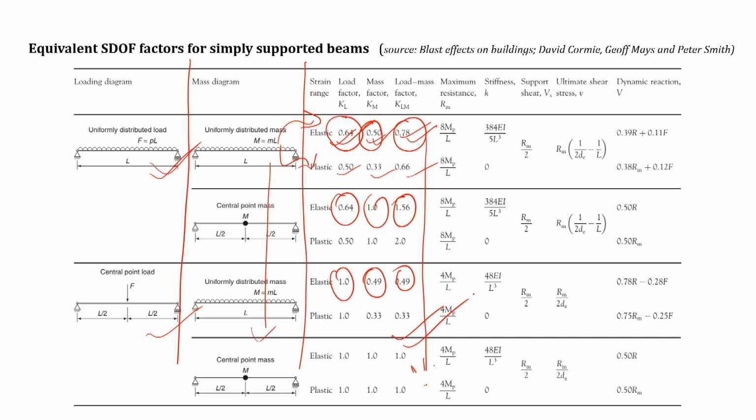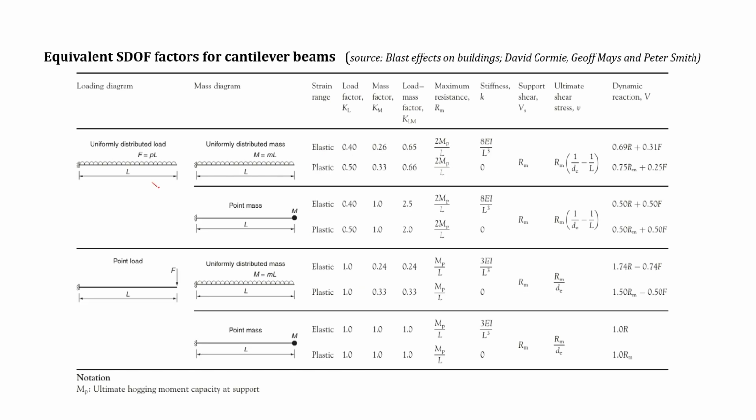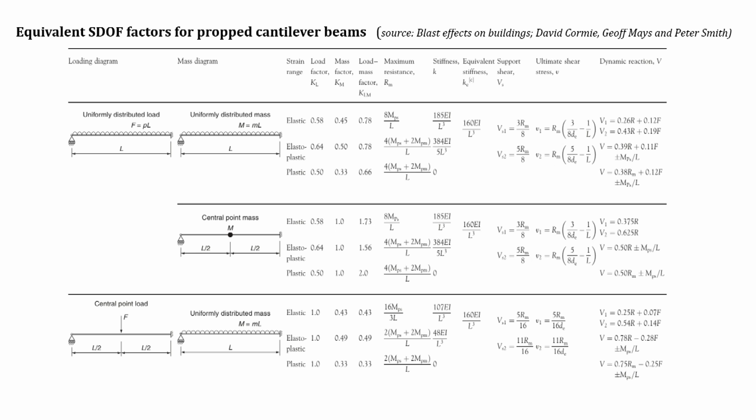Again, for different types of systems having different mass distributions, the load factors, mass factors and load mass factors can be used. For uniformly distributed systems and cantilever systems, all the quantities have been given as ready reference charts which can be used for design and analysis purposes. Again, a system fixed at one end and propped at the other end, that is the propped cantilever.